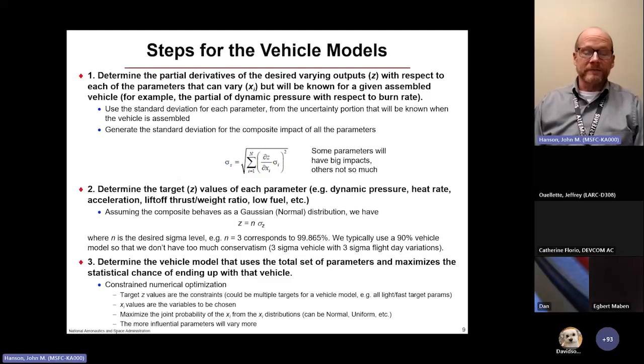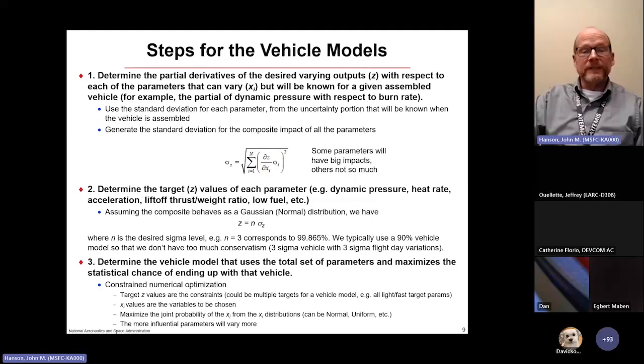We typically use normal ones, but they could be uniform or whatever. And when you do that, what you find is that the parameters that really influence the outcome vary more than the other parameters. In our case, the solid burn rates are typically one of the big driving parameters. So you will get a bigger variation in that to get your output than, let's say, the drag coefficient.